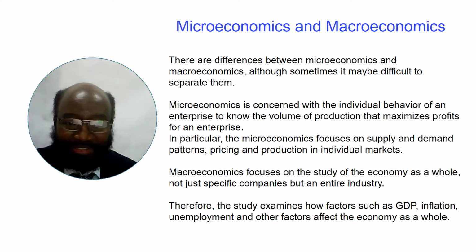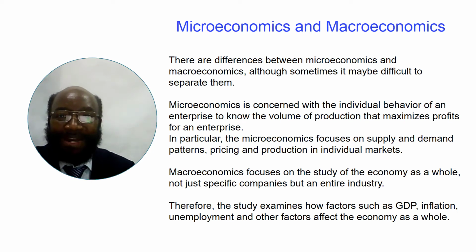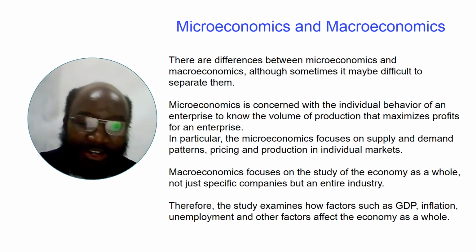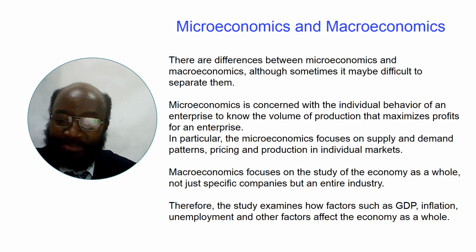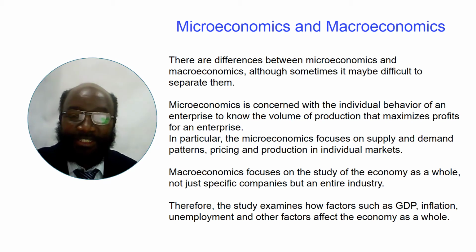But microeconomics is concerned with individual behavior, okay, individual behavior of an enterprise to know, for example, the volume of production that maximizes profit for an enterprise. In particular, microeconomics focuses on supply and demand, for example, pricing and production in individual markets.